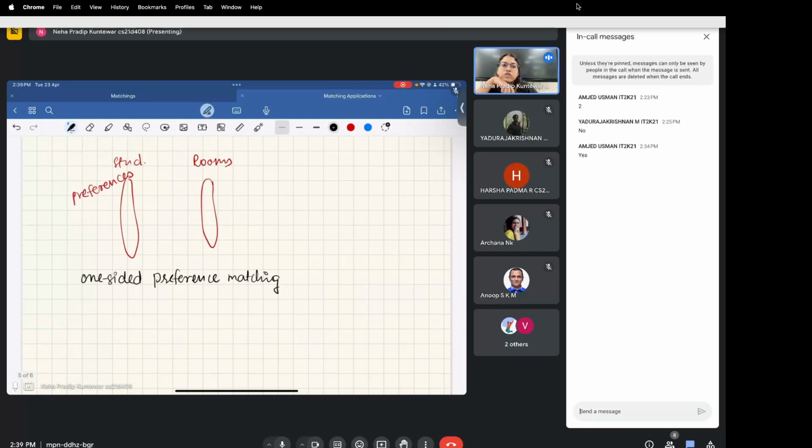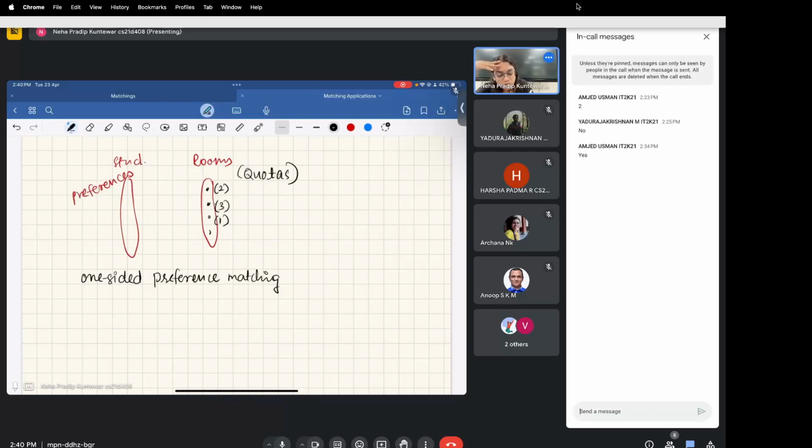Now the other kind of situation that arises is what is called quota. In the previous case, we said that each room has a capacity of accommodating one person. But let's say now the situation is different. Let's say there are two-occupancy rooms, three, and so on. Let's say that room number 1 has a capacity of accommodating 3 people, room 2 has a capacity of 3, and room 3 has 1, and so on.